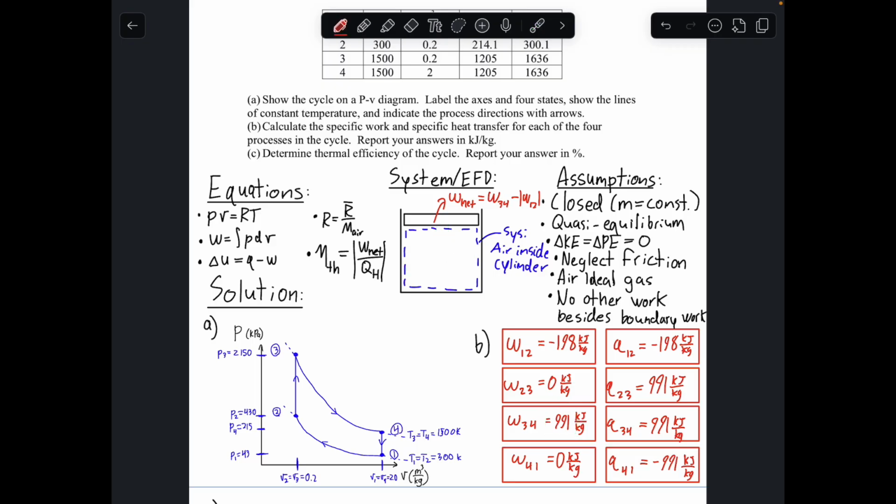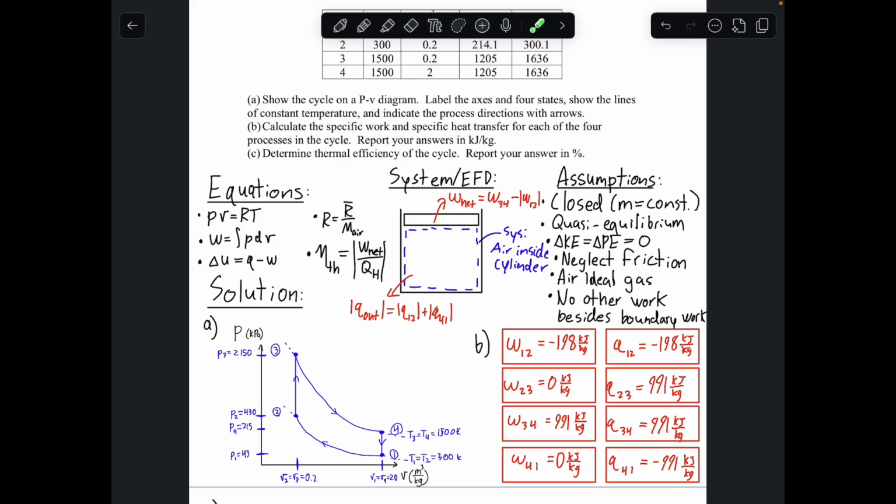And then for heat transfer, we have some heat leaving the system at the process from 1 to 2 and also from 4 to 1. We get negative signs here. So the magnitude of Q out is just going to be equal to the magnitude of Q from 1 to 2 plus the magnitude of Q from 4 to 1.